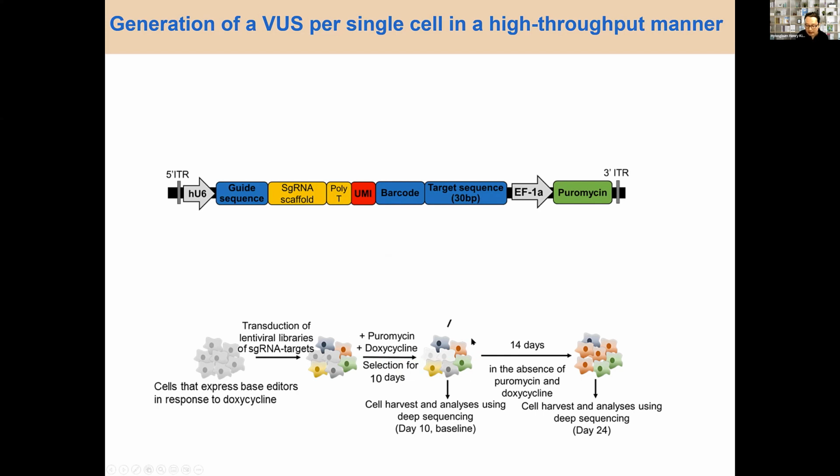Then these diverse cells were cultured for 2 weeks in the absence of puromycin or doxycycline. Then we harvest cells and analyze them to determine which guide RNAs are enriched or depleted, which means which variants generated by the guide RNA are enriched or depleted.